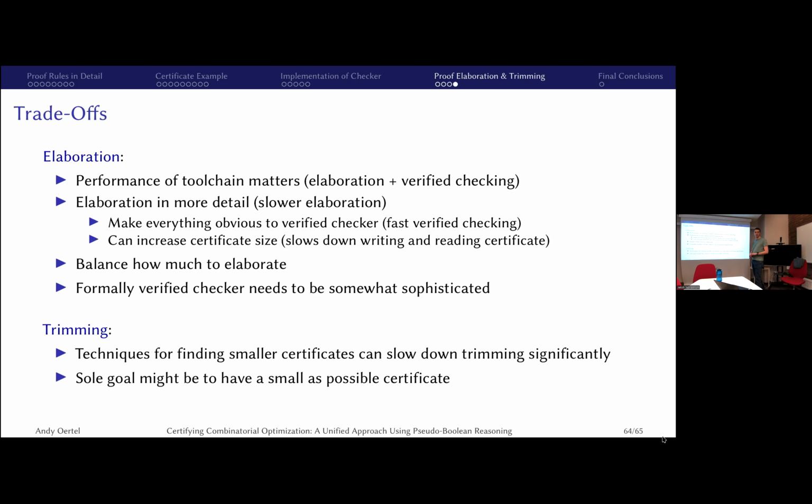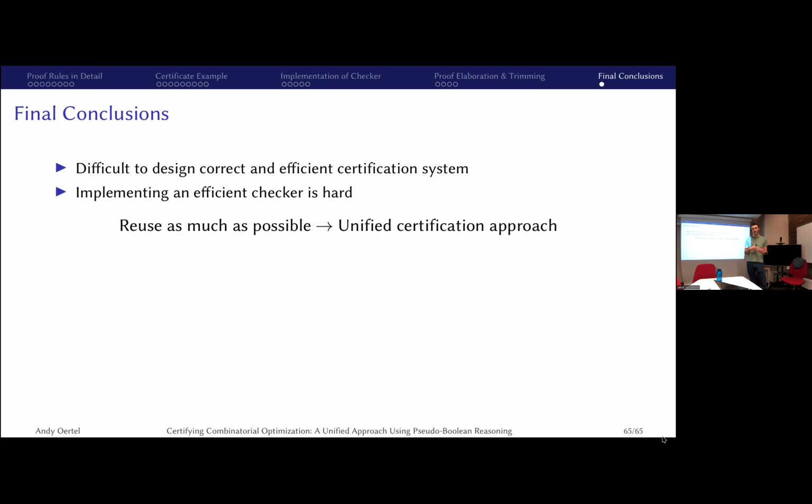So, final conclusion: it's difficult to design a correct and efficient certification system, I would say. It's also hard to implement an efficient checker to check the certificate in an efficient way. So I'm proposing definitely to reuse as many resources as possible.